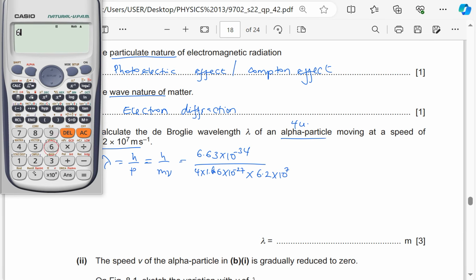So we have 6.63 exponent minus 34 divided by 4 times 1.66 exponent minus 27, divided by 6.2 exponent 7. I'm getting 1.6 times 10 to the power of minus 15 meters.